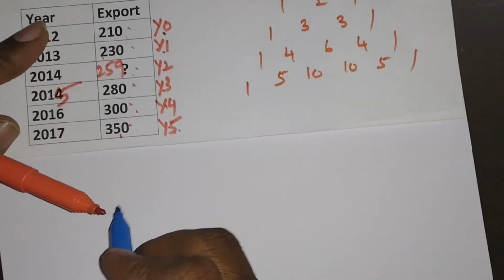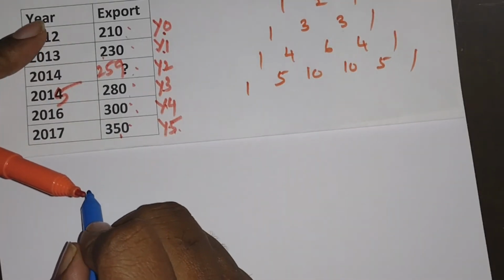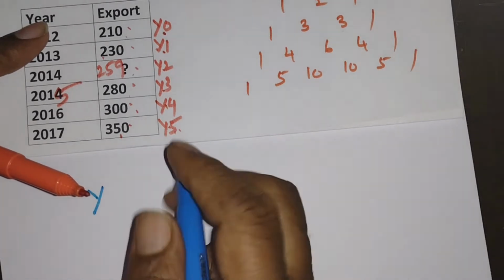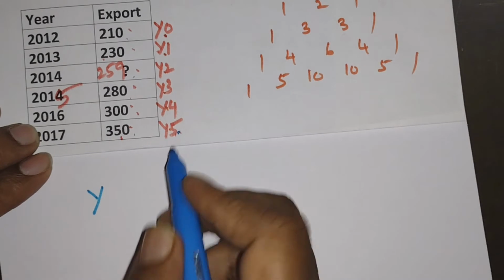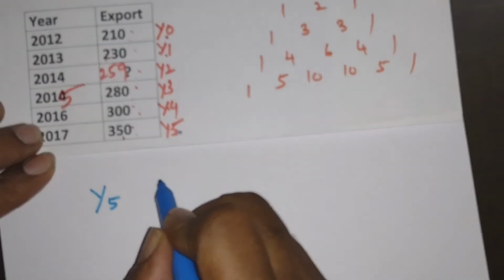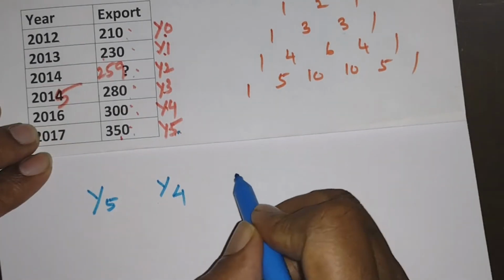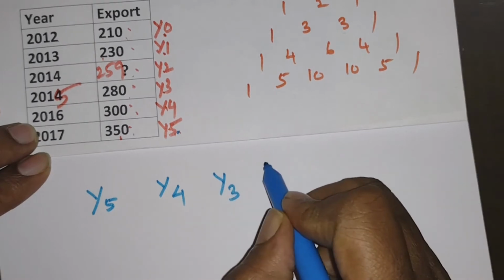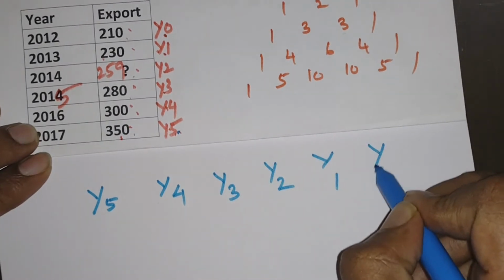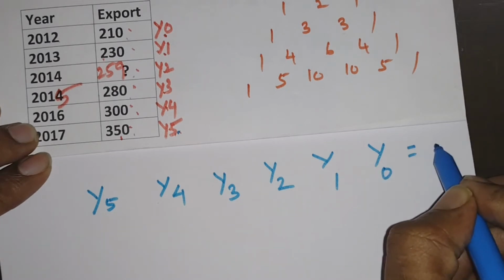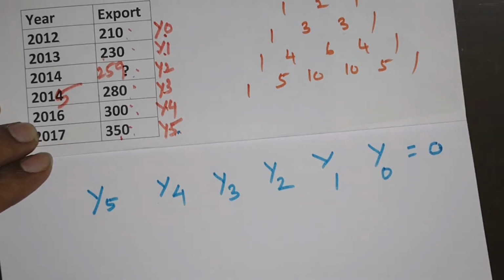While working out this one, start with the end value, y5, y4, y3, y2, y1, y0 is equal to 0.